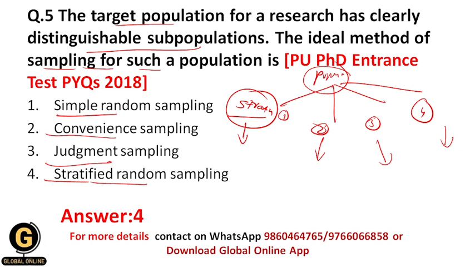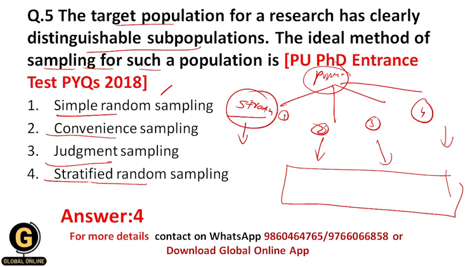Here you can see there are distinguishable subpopulations as well. Whenever you do random sampling from each strata, you make up a whole group of these randomly selected samples, and then you take all of these samples for your study.